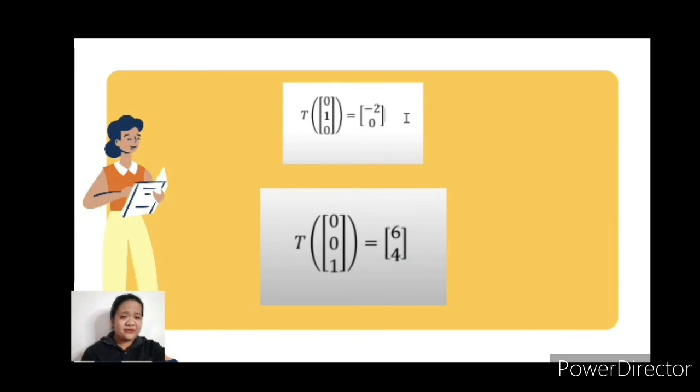Just like the first and second columns, we substitute 0 for x1, 0 for x2, and 1 for x3, and we get the third column of 6 and 4.